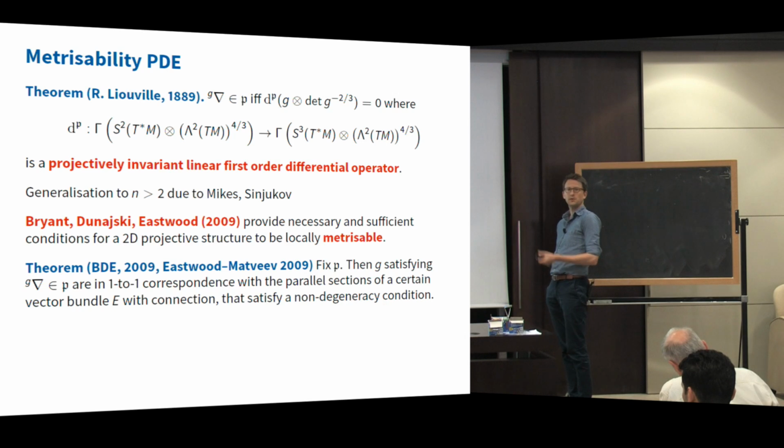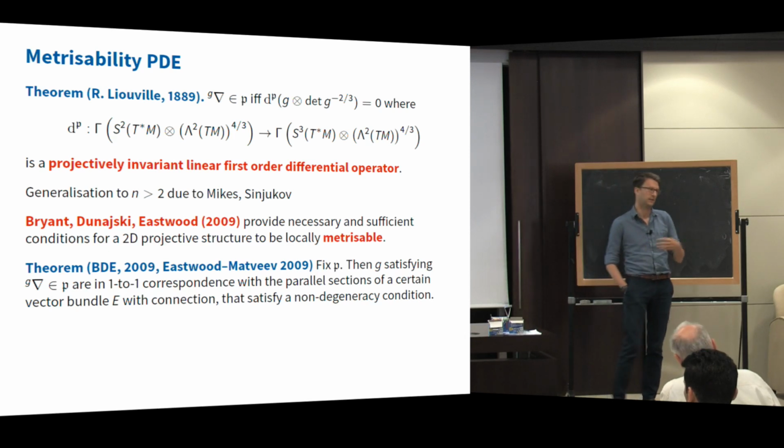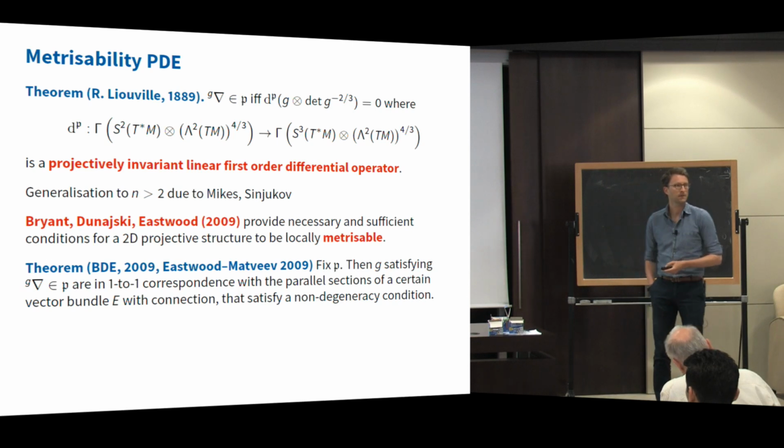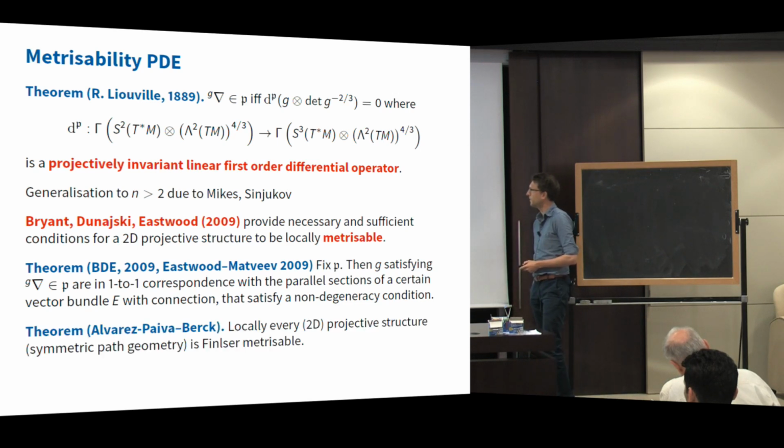Given a projective structure, you can cook up a certain vector bundle and connection so that the solutions to this problem are just the parallel sections of that vector bundle that satisfy a non-degeneracy condition, which guarantees that you actually have a metric. This is a nice step in this story.